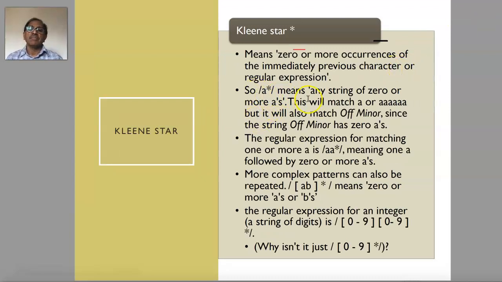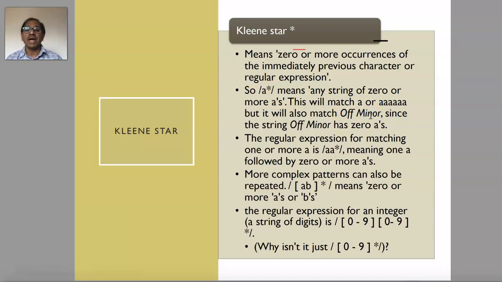So A star means any string of 0 or more A's. When I say A star, it will match with A, and it will also match with a string like OFF or MINOR. There is no A in it, but still it matches, because when you say A Kleene star, it means there is no A or there are A's.